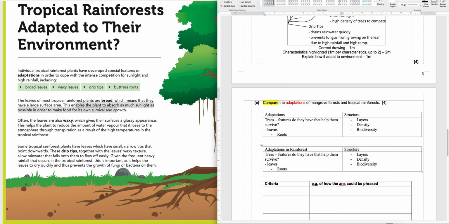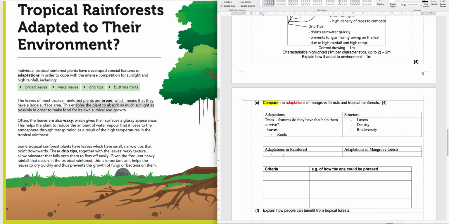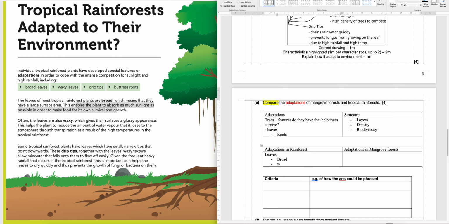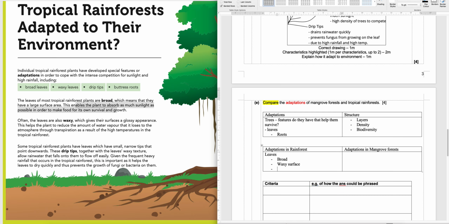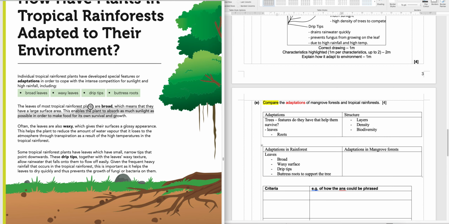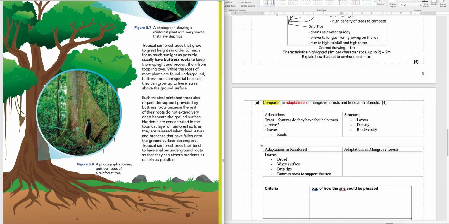In rainforest, you know that the leaves are broad and have a waxy surface and drip tips, and it has buttress roots to support the tree. Okay, so broad, waxy, drip tips and the buttress roots. The roots spreading out, that's the buttress roots.